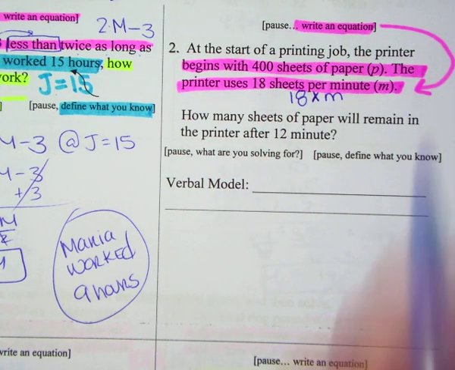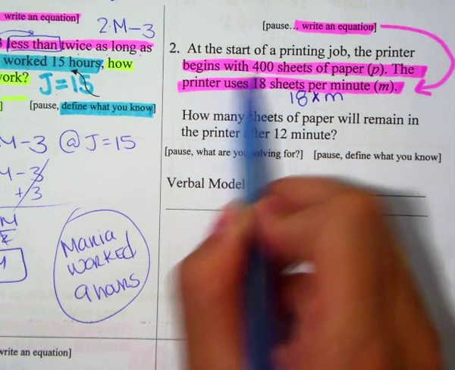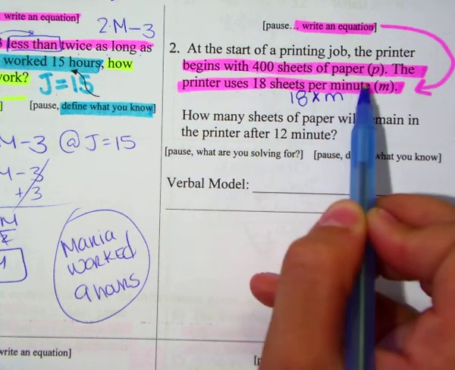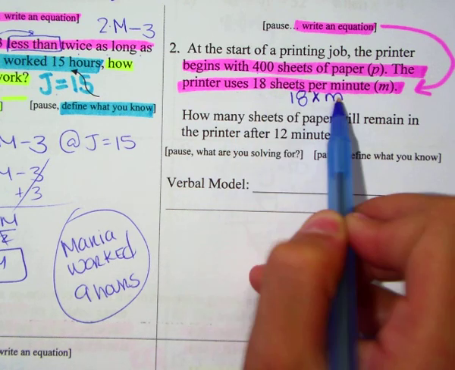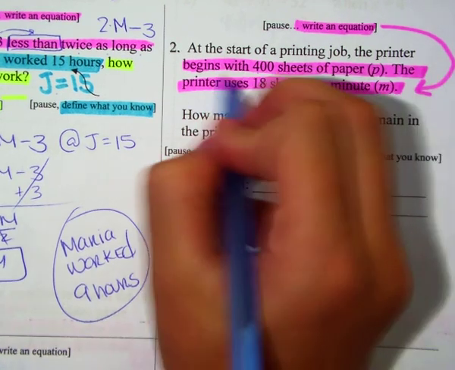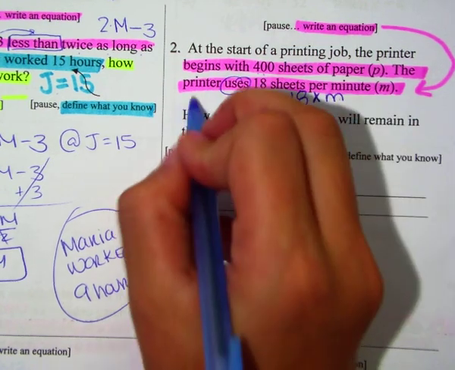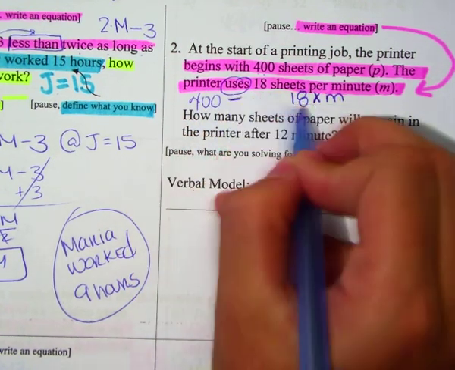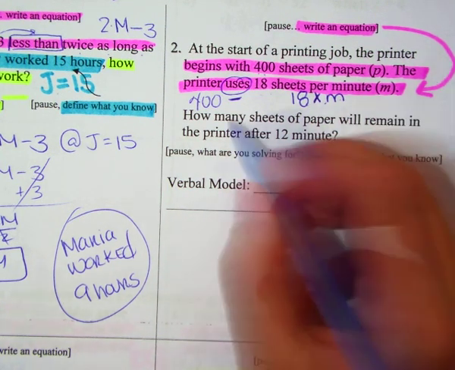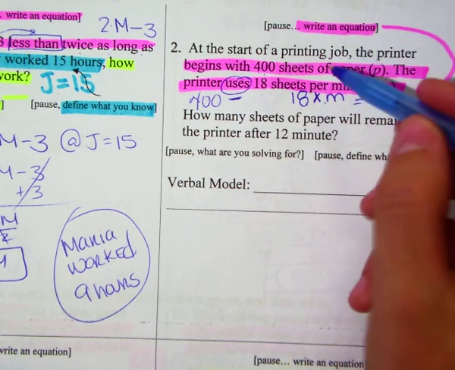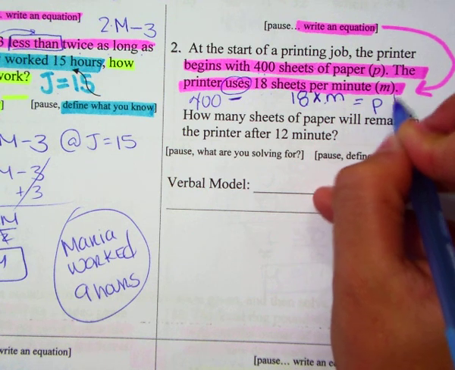Now, it says it begins with 400 sheets and then uses 18 sheets per minute. That tells me uses actually means subtract, because it's going to be 400 minus 18 sheets every minute. Now, what does this leave me with? For subtracting sheets of paper, P is going to be how much is left.